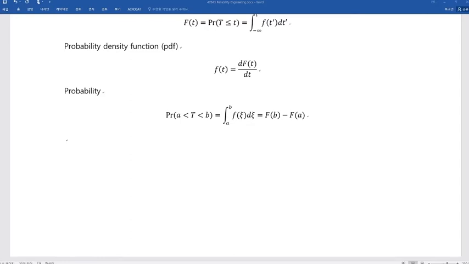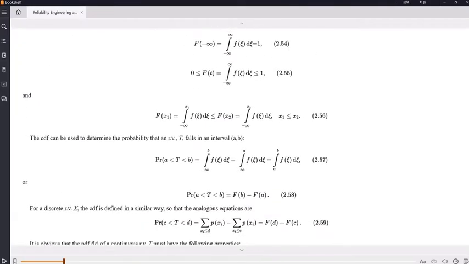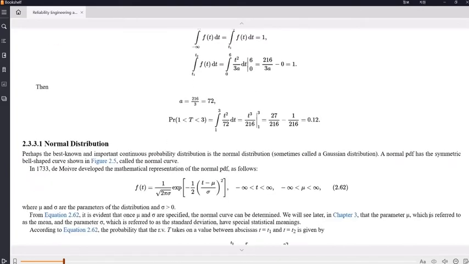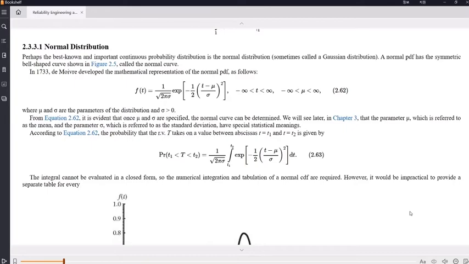So this would be the introductory part. And the first example would be normal distribution, which you have seen many times. Normal distribution is widely used not only in engineering, but also in statistics.